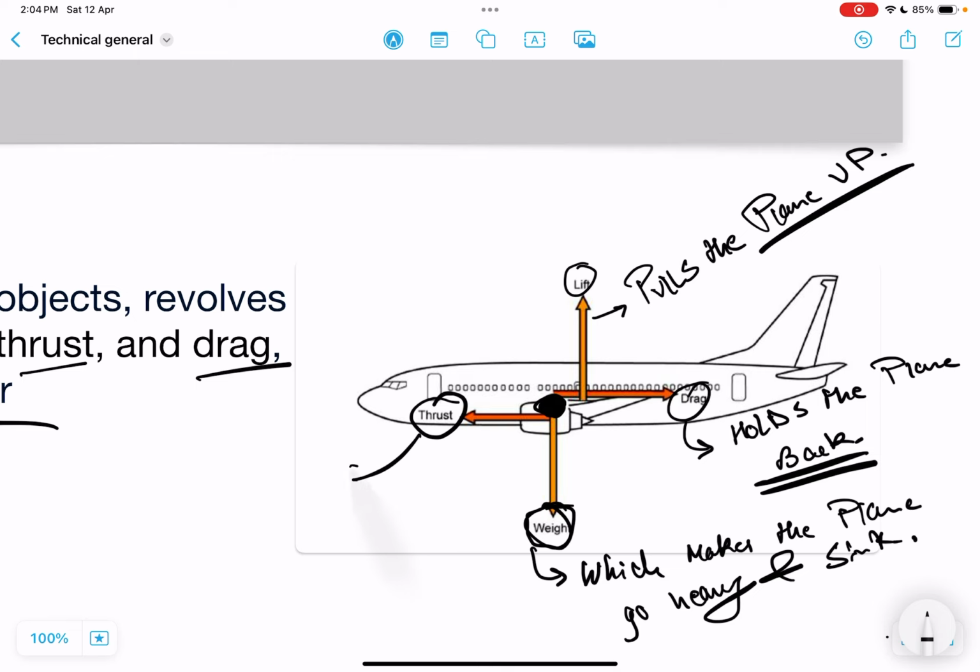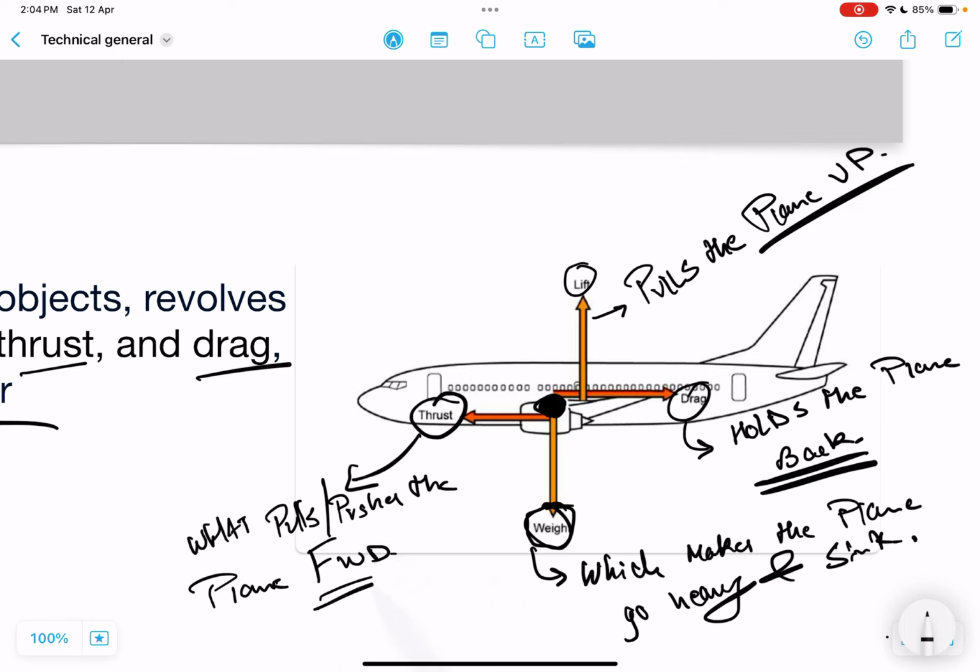And what is thrust? Basically what pulls or pushes the plane forward, depending on from which perspective you're looking at it.